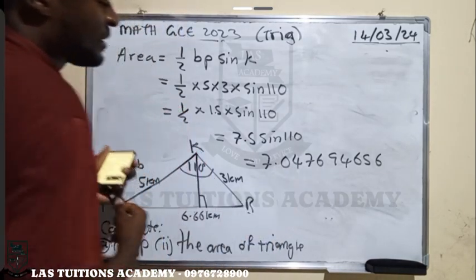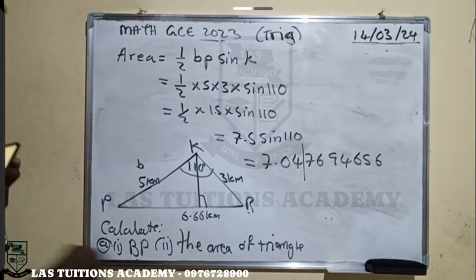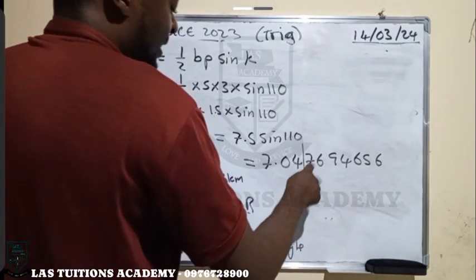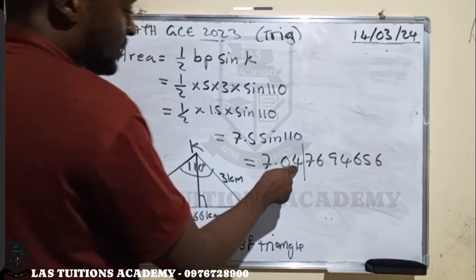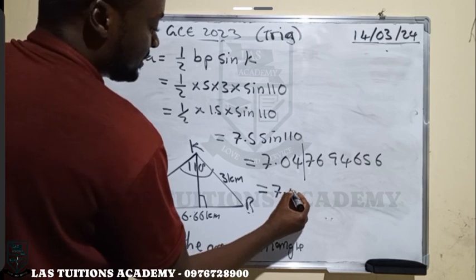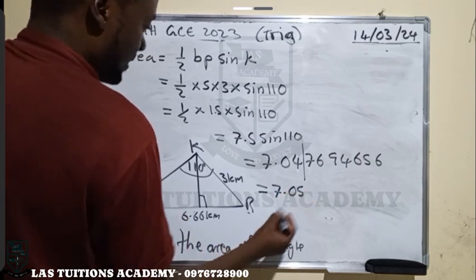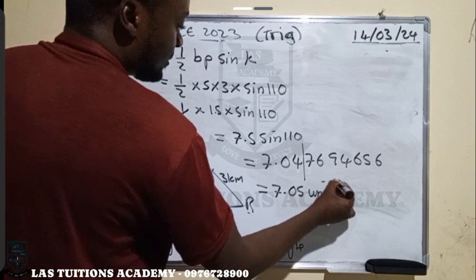So we cut after the two decimal places, then we look at the number after the line. If it's 5 or more, we have to add 1 to the digit on the other side. So this is going to give us 7.05. Since we are finding area, we say unit squared.